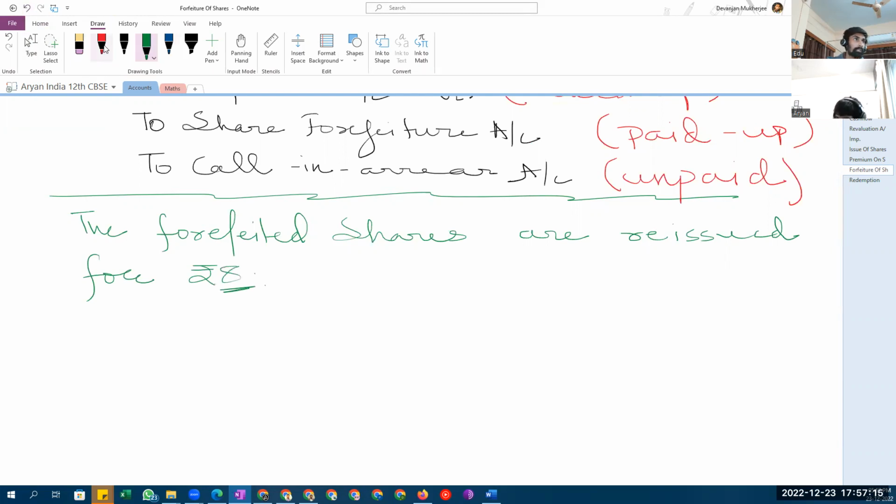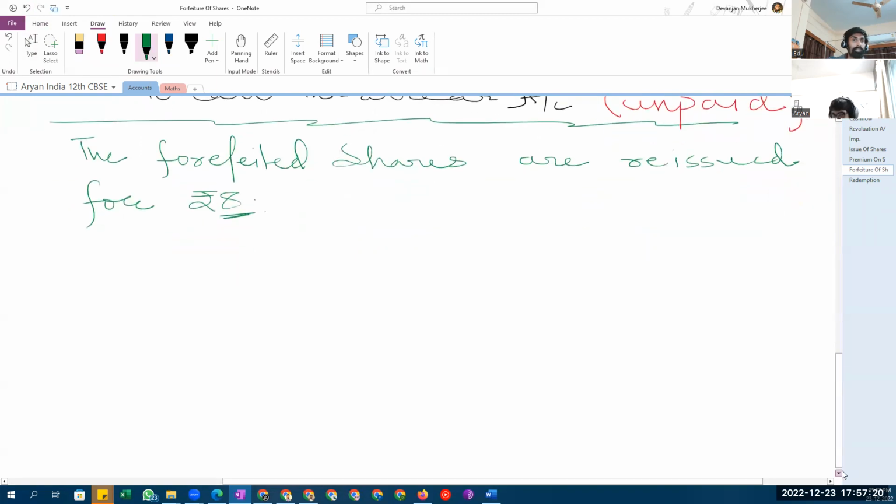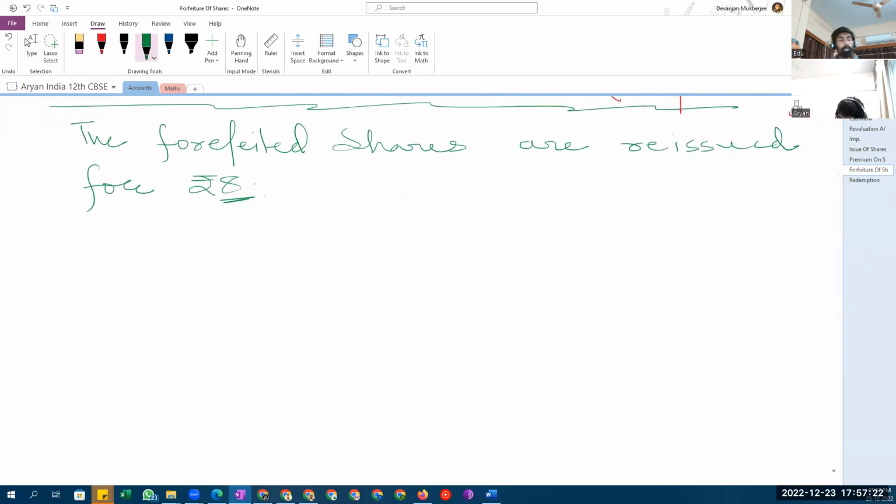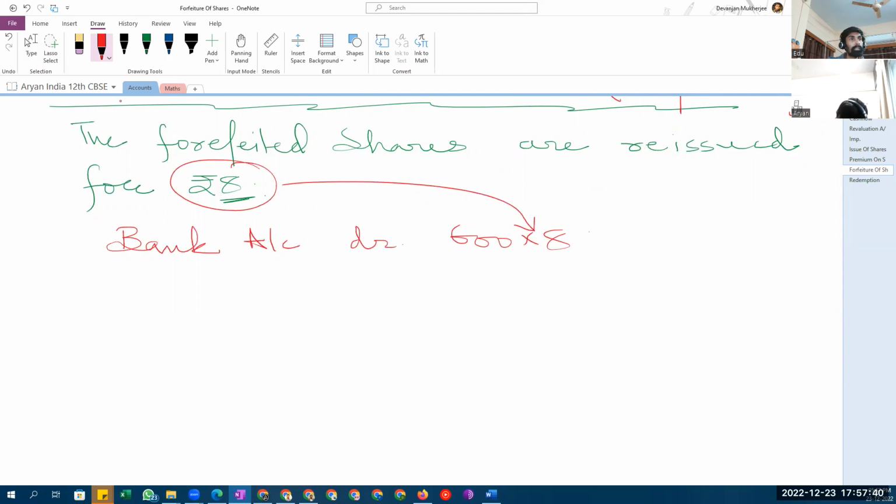Now, if this was the scenario, everything else will remain the same. Just the reissue entry will be added at the very end, which will now be a straightforward entry. It will be bank account debit with 600 into 8, because you are issuing it for 8, so 8 रुपए मिलेंगे. ठीक है?